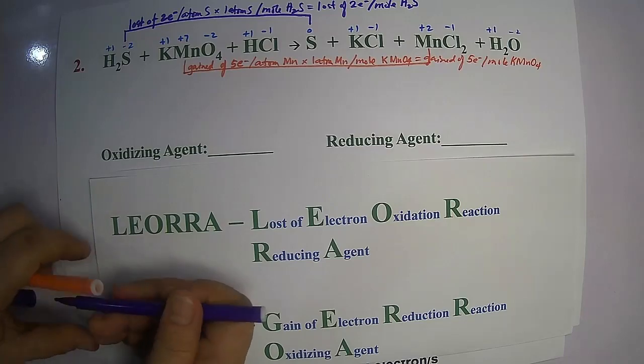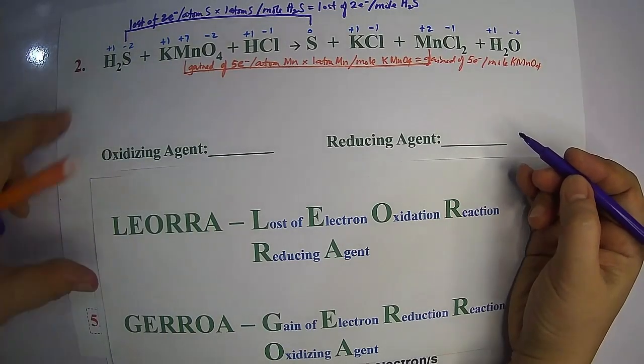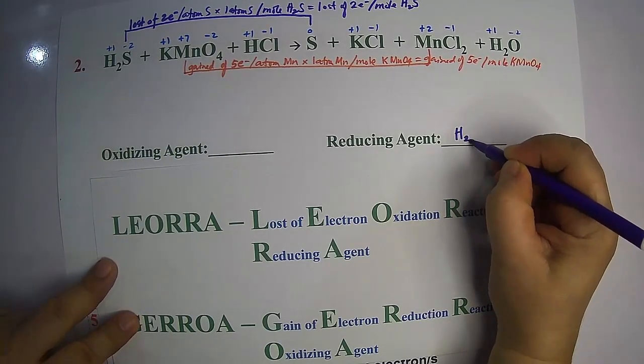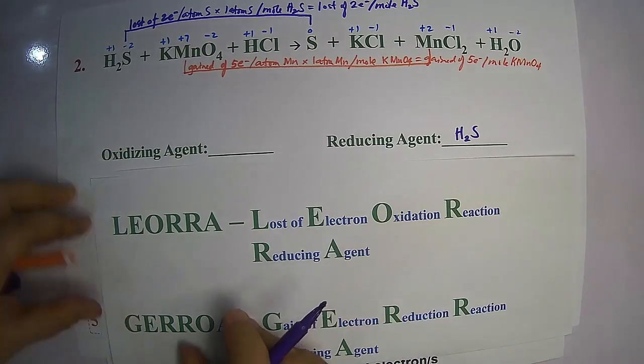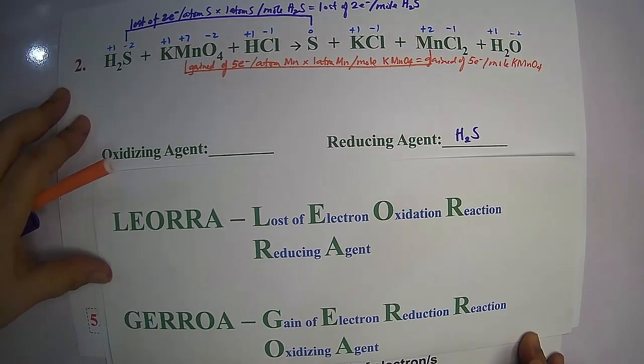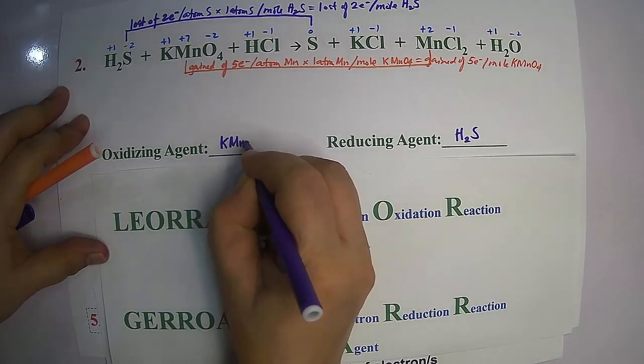The one that lost electrons is sulfur, in the compound dihydrogen sulfide. So the reducing agent is dihydrogen sulfide. Now the one that gained electrons is manganese. So the oxidizing agent is potassium permanganate.